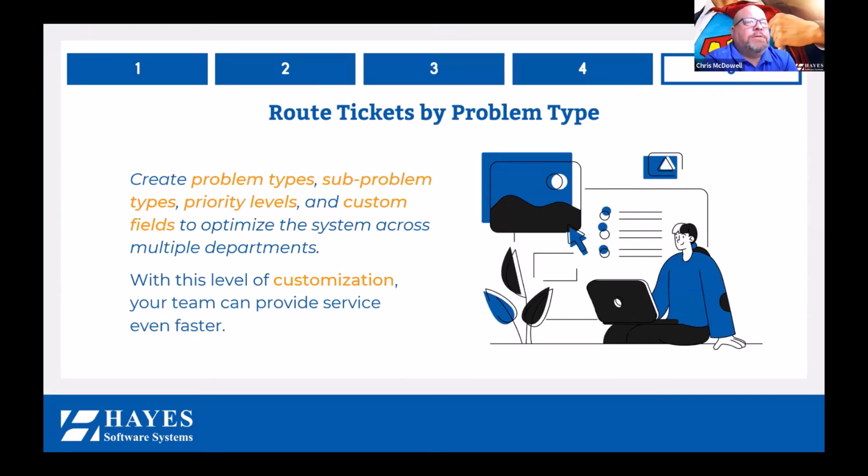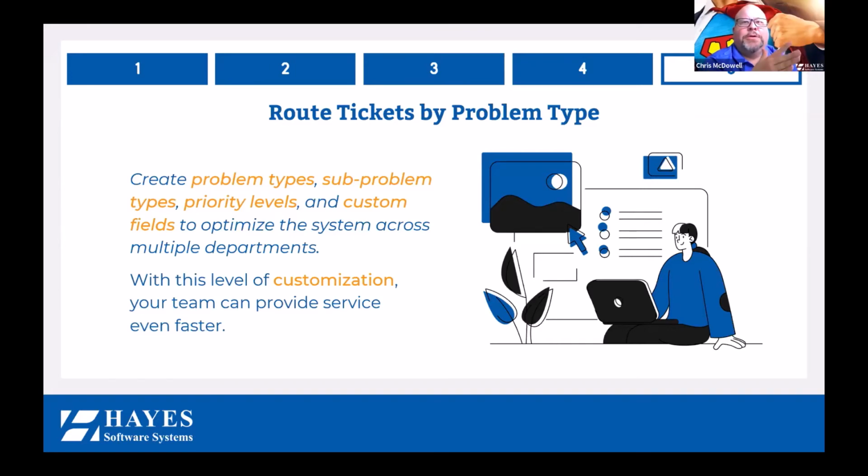Sorry, when you were talking about those subtypes, I had someone pop in the chat really quickly. How many subtypes can you have? Oh, great question, and I should have mentioned that. You can have up to 3 subtypes under those problem types. Unlimited problem types, and each of those problem types can have 3 subtypes.